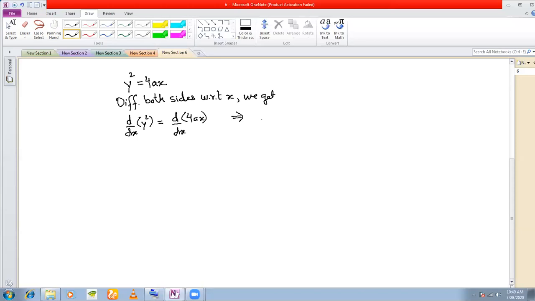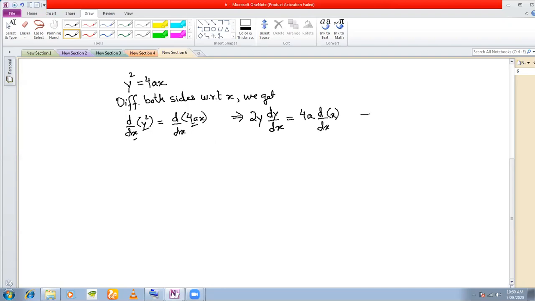That means differentiating y square with respect to x means first we differentiate with respect to y, and then we differentiate y with respect to x. Now 4a is a constant, you can take it out of the differentiation: 4a d dx of x.